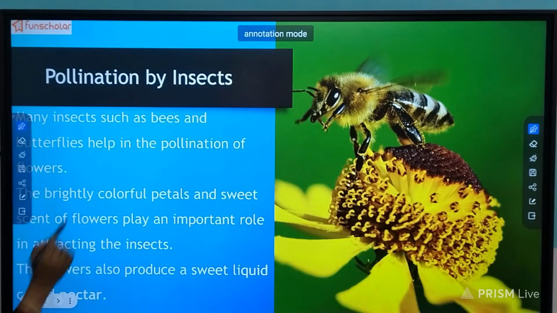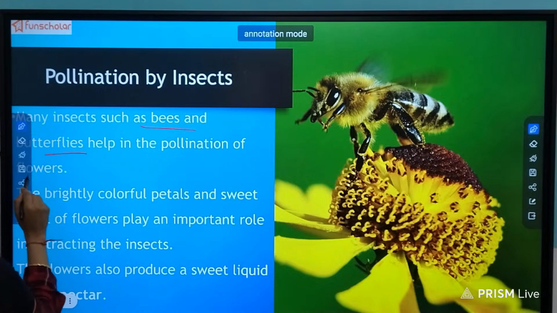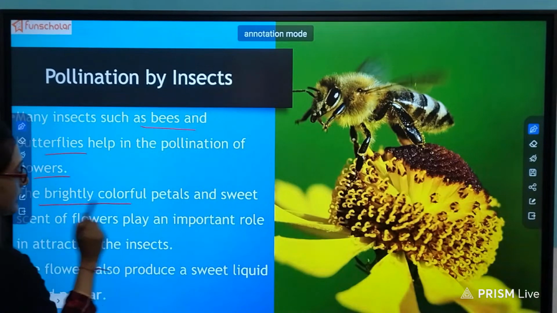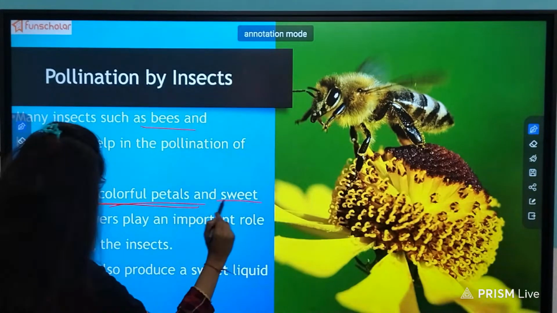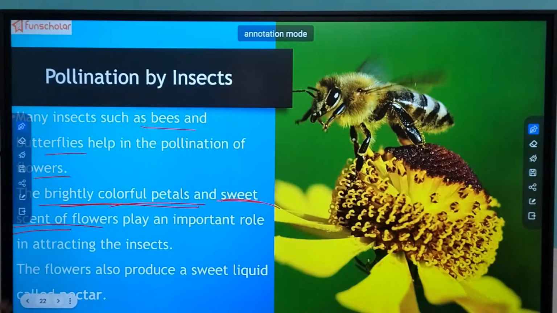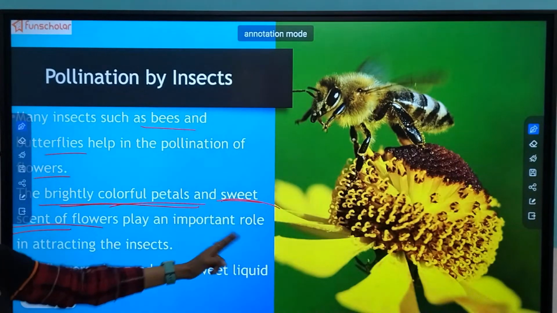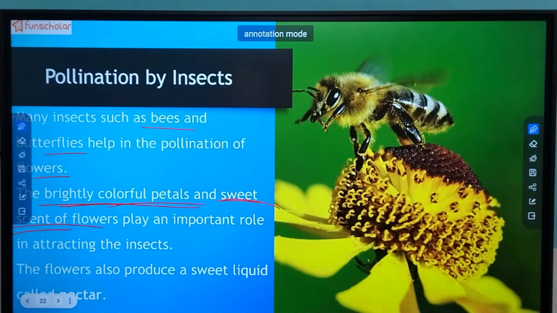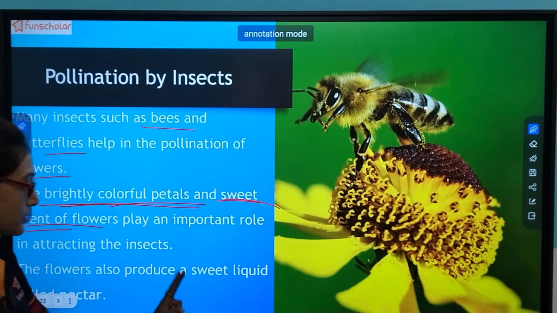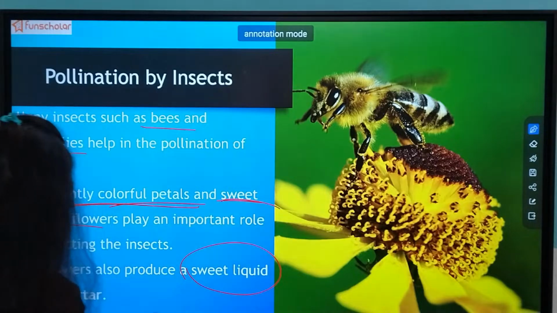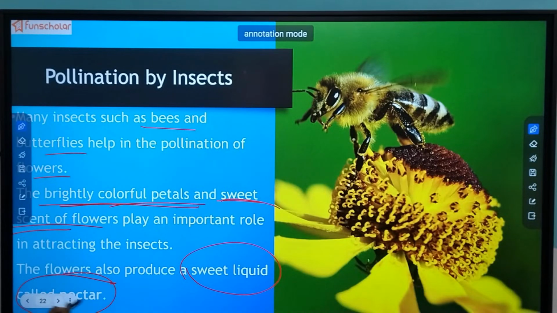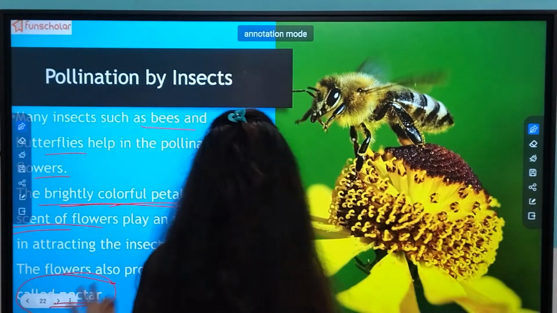Many insects such as bees and butterflies help in the pollination of flowers. The brightly colorful petals and sweet scent of the flower play an important role in attracting the insects. The flowers also produce a sweet liquid called nectar.